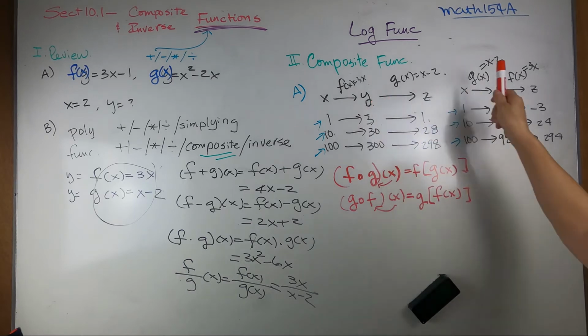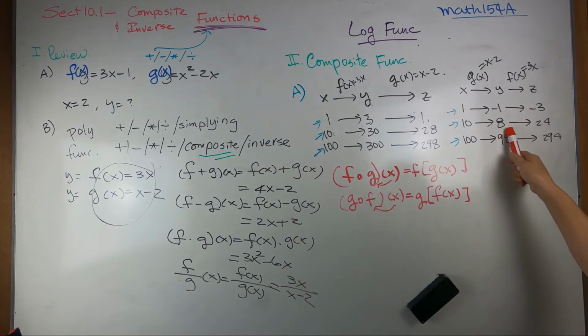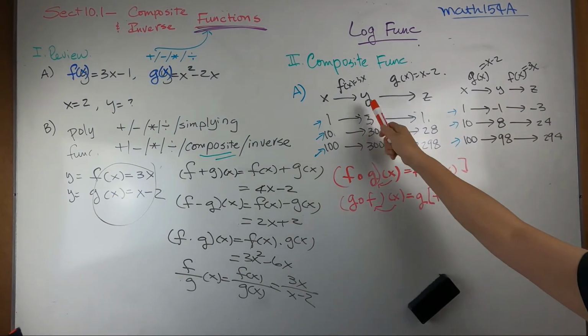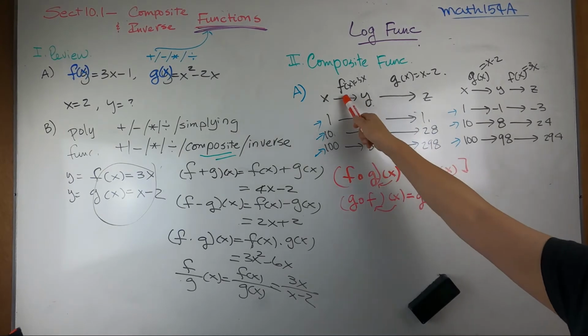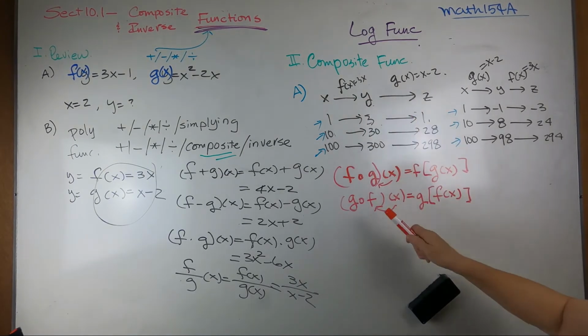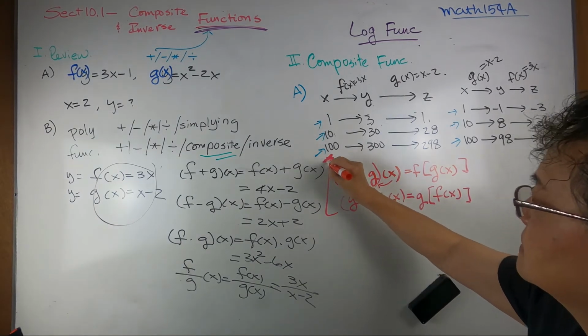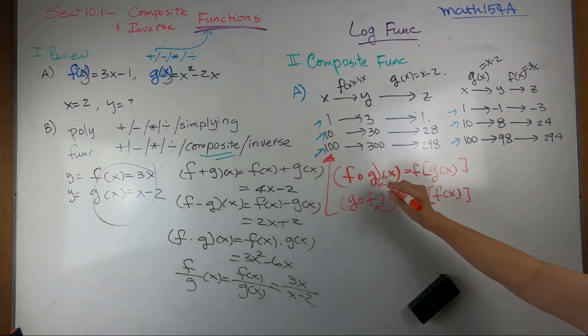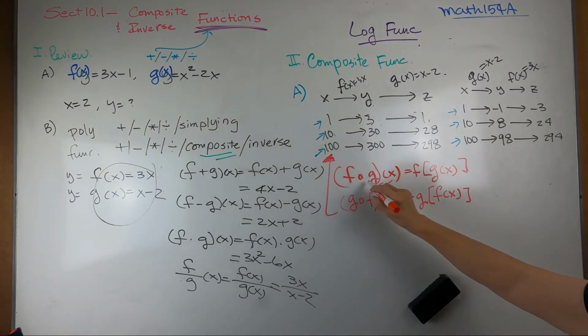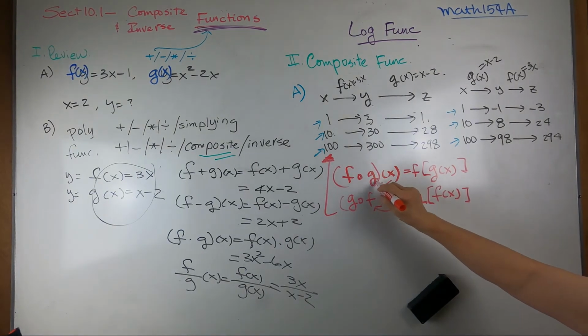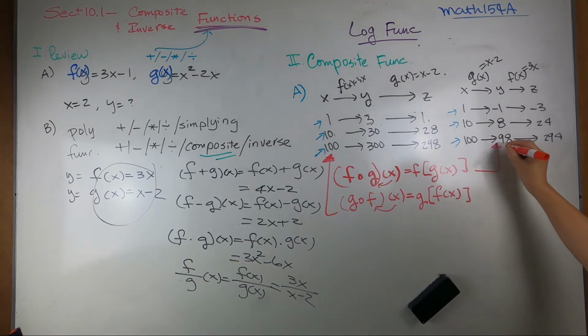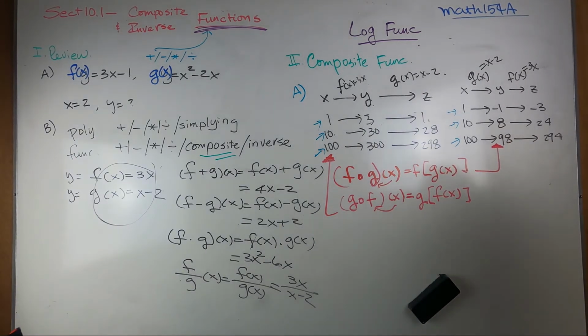So you look at these two situations, right? This one, which one do we do first? F first, then G. So this is this case, right? And this one, if I do F Cheerio G, means what? I do G first. I will do it this way.